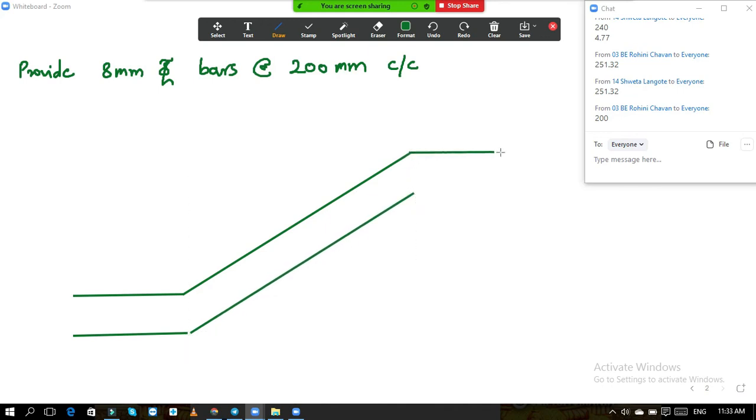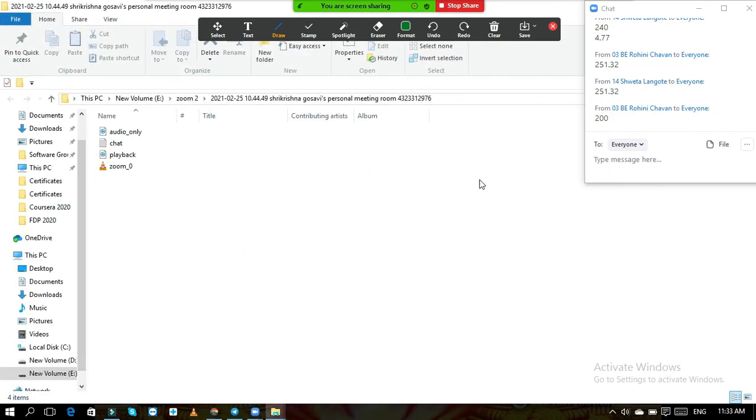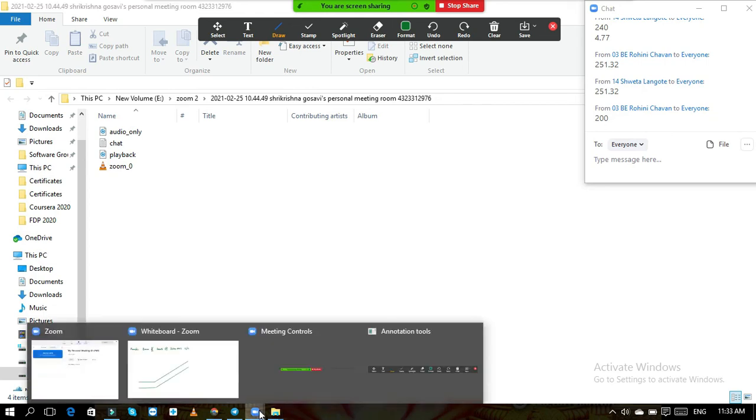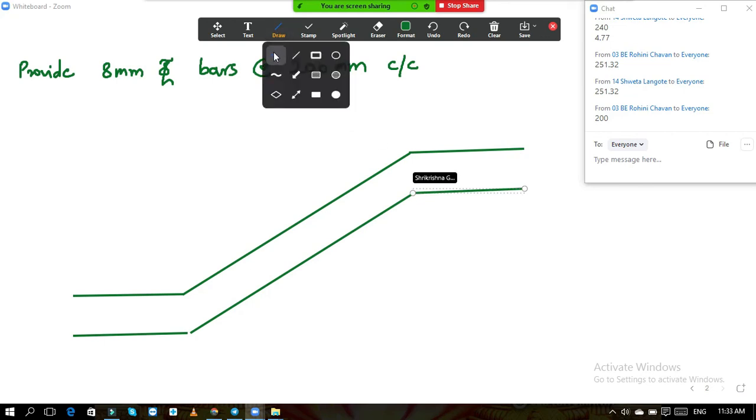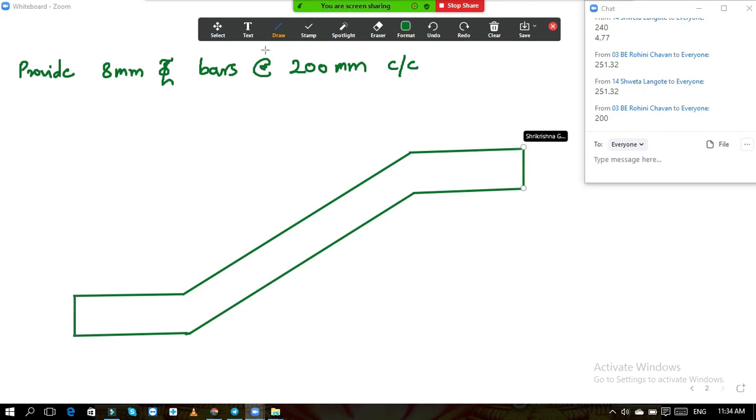After that, this is the landing at top. Now I will join the points. You can show the section line here also, there is no problem. Next, from half of the landing, if we show it, then also no problem.